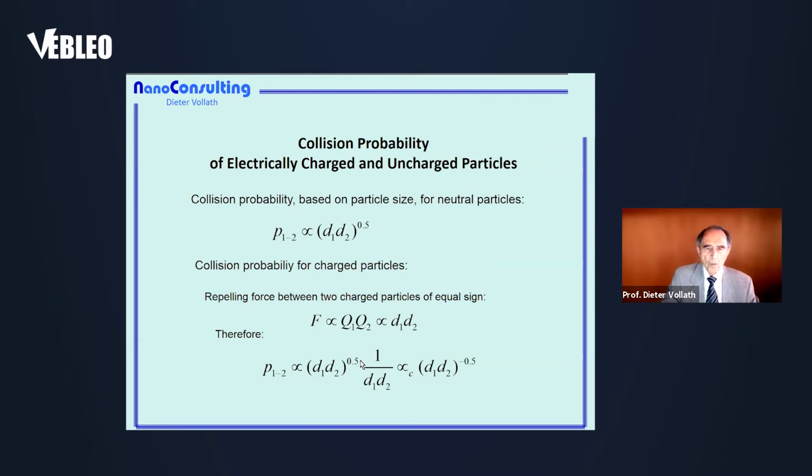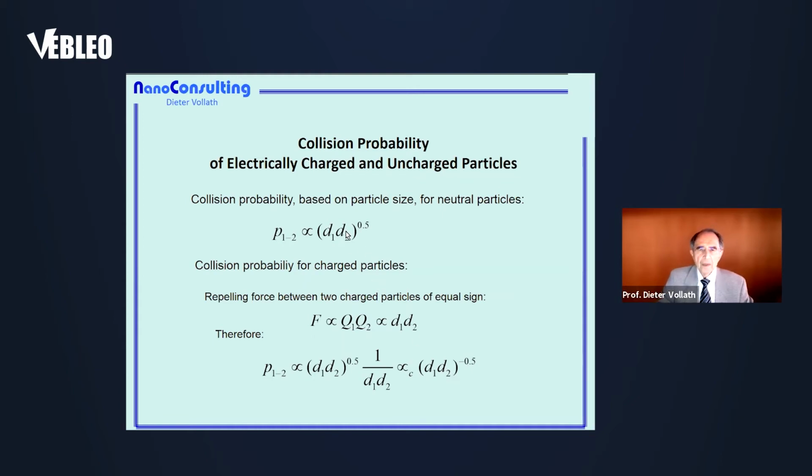Certainly, we have the geometry-based probability, but we have to multiply it with the change of this probability due to the electrical charges, which is 1 over the product of the diameters. And therefore, this probability is inversely proportional to the square root of the product of the diameters.